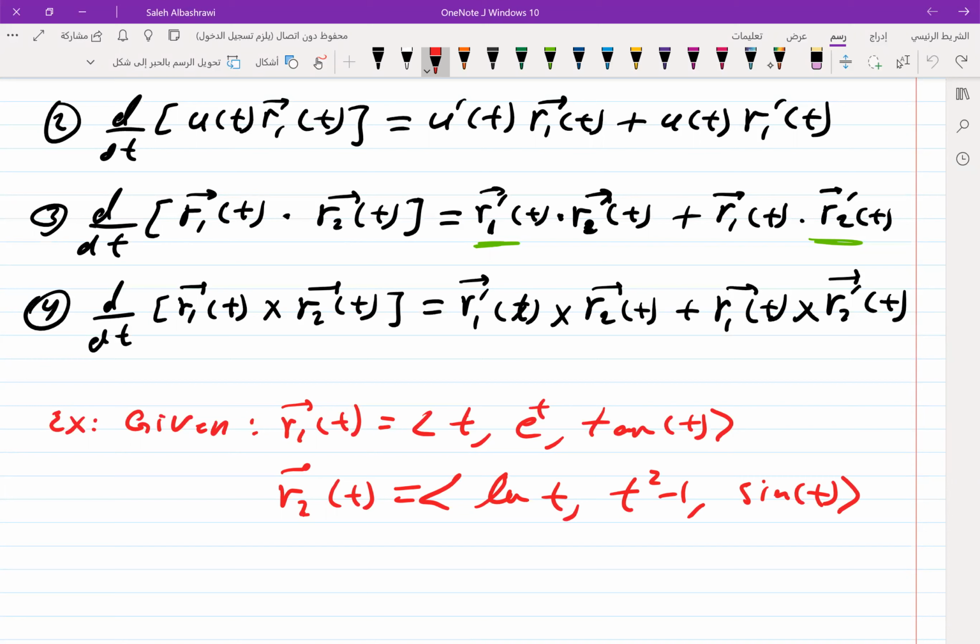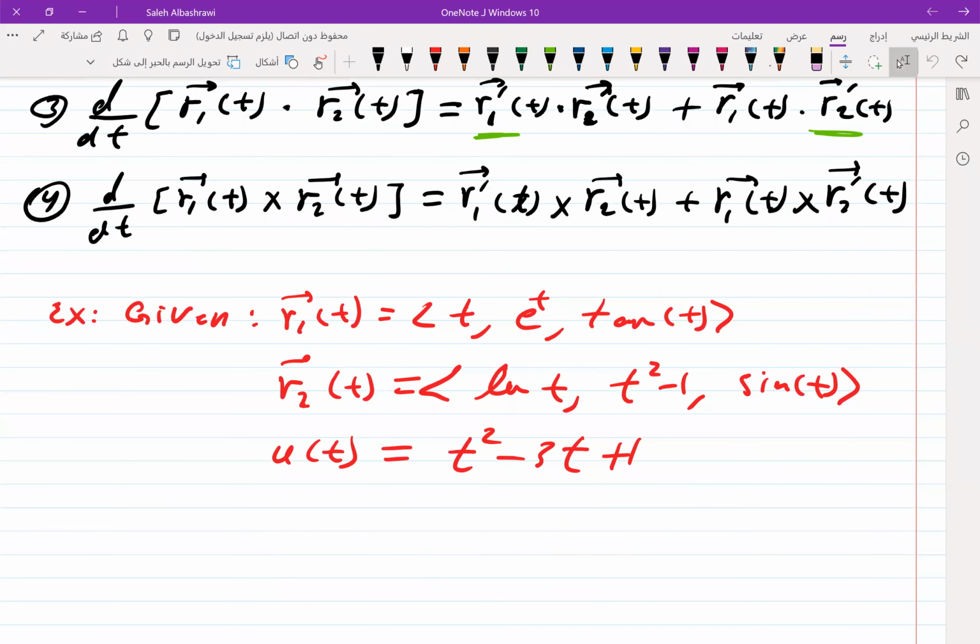Let's say find, still I need one more, say u of t is equal to t square minus 3t plus 1. So I have two vector valued functions and one scalar function. u of t is a scalar function.